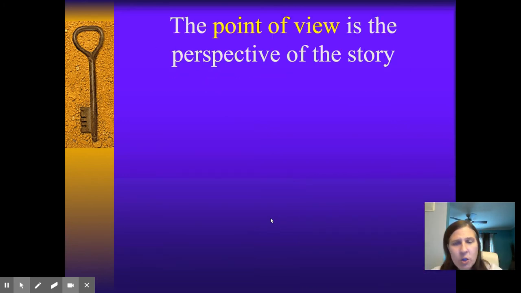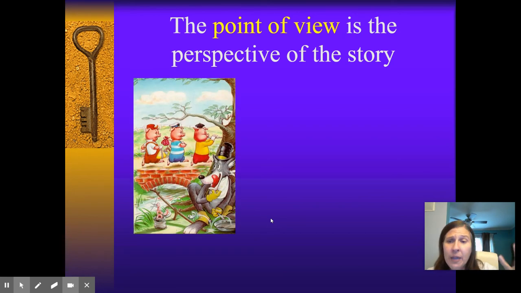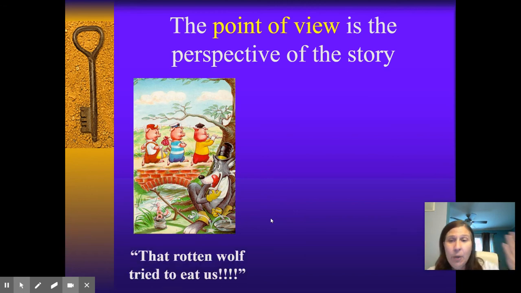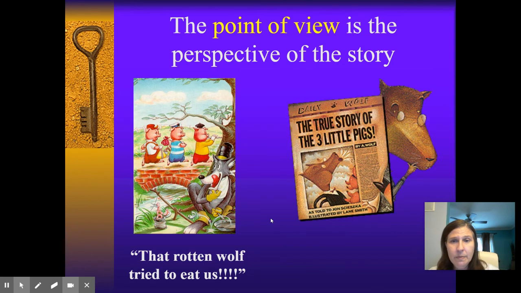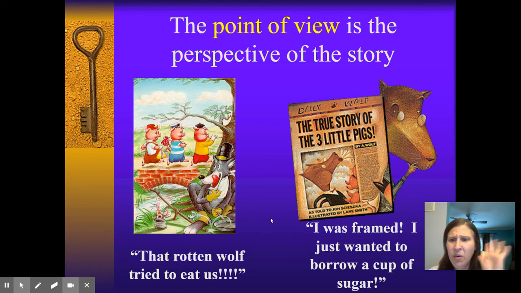Something else your teachers might have talked about are the point of view of the character, the point of view of the story. In the Three Little Pigs, the little pigs say, oh, that terrible wolf tried to eat us. But in the true story of the Three Little Pigs, the wolf says, no, that's not true. I was framed. I just wanted to borrow a cup of sugar.